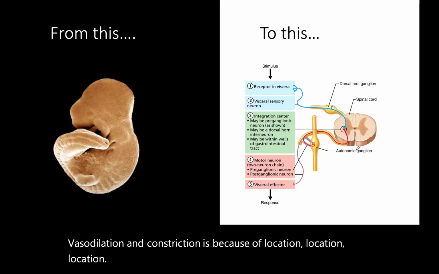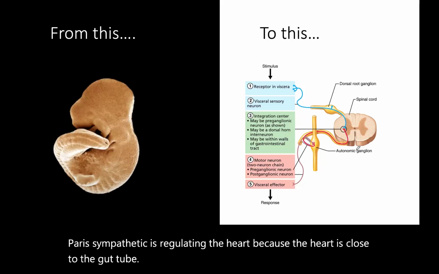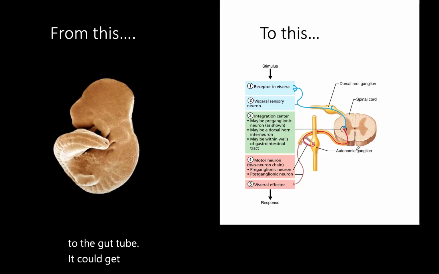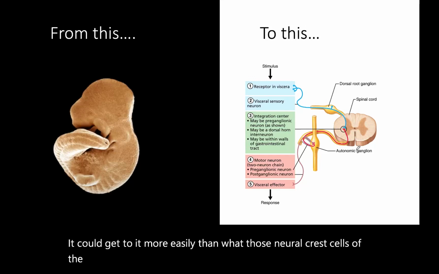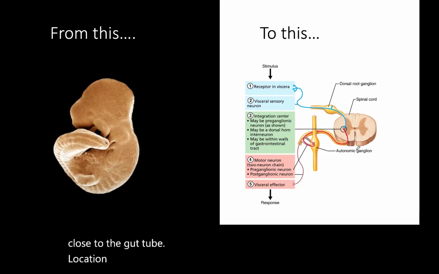Parasympathetic is regulating the heart because the heart is close to the gut tube. It could get to it more easily than those neural crest cells of the sympathetic nervous system could. And the same thing for the genitals. It's close to the gut tube. Location, location, location.